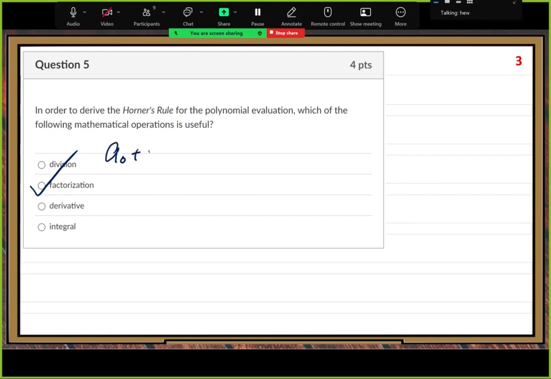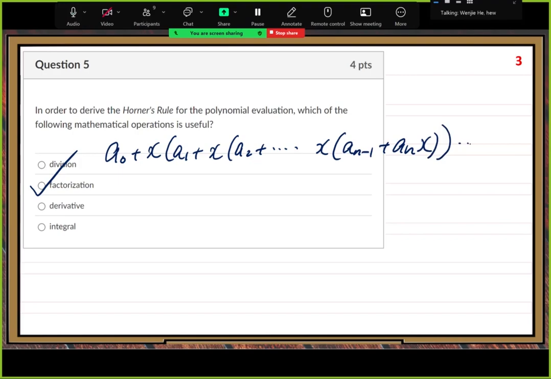A0 plus x times (A1 plus x times (A2 plus and so on. The last, A(n-1) plus An x. This kind of factorization.